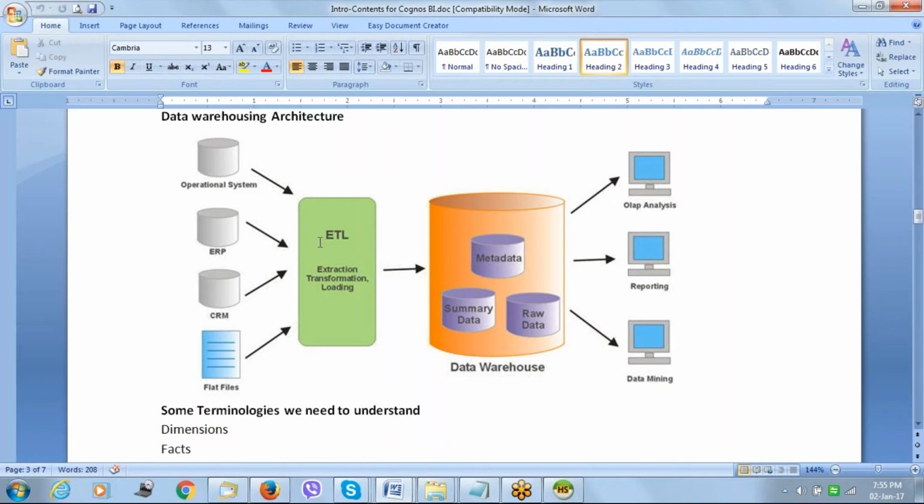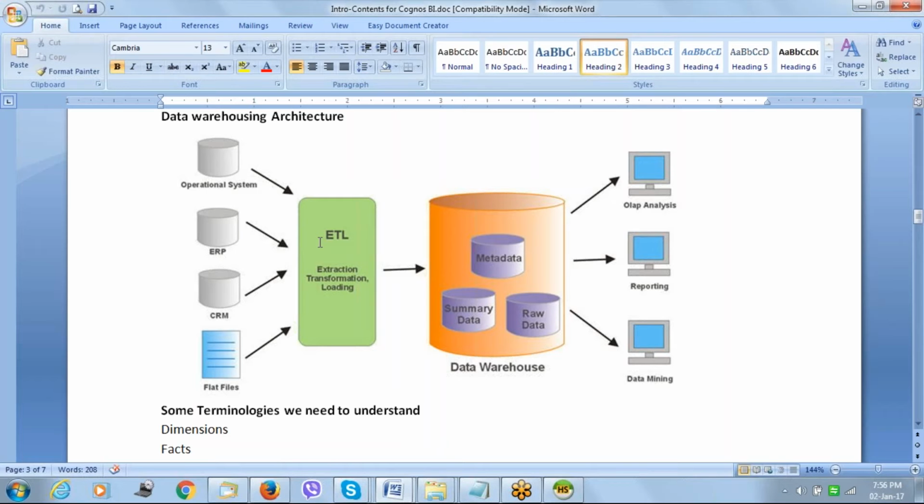In the ERP or CRM, the database will be designed in such a way that it is ready to accept and save the data. It is designed so that it is easy to save the data. For example, when we save data, we save one by one.